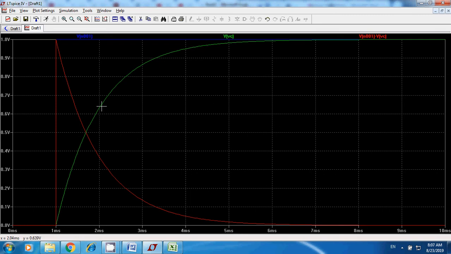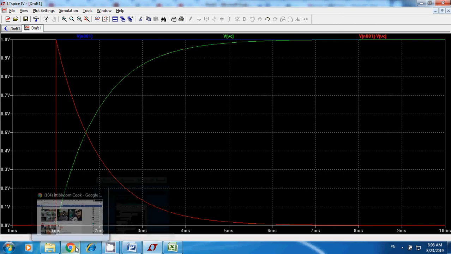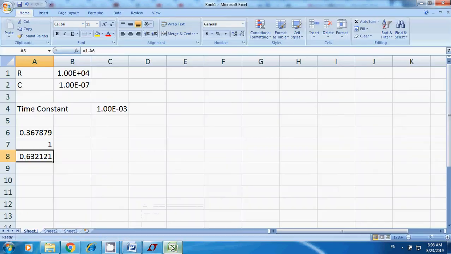So you look for y equal to 0.632, and you can see, oops, it's a little bit difficult here. Okay, let's make it 0.63. You have the time at about 2 milliseconds, which becomes the time constant.